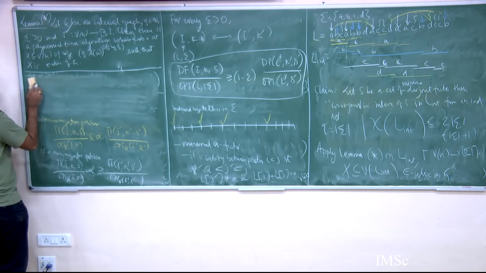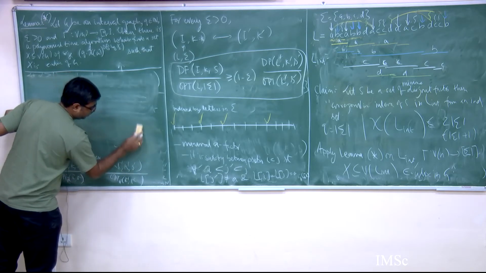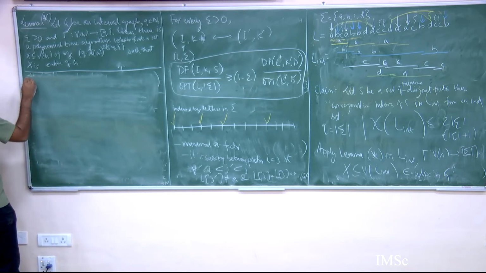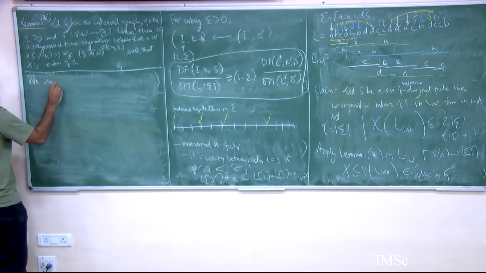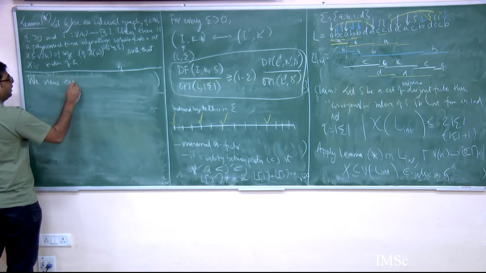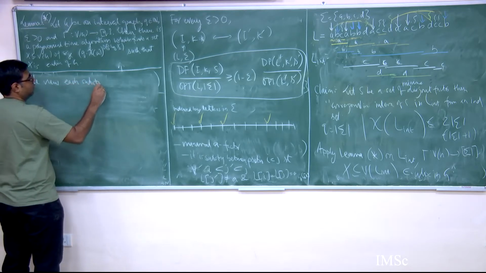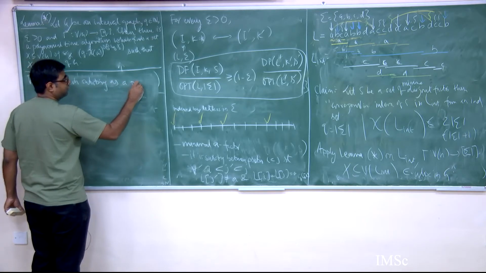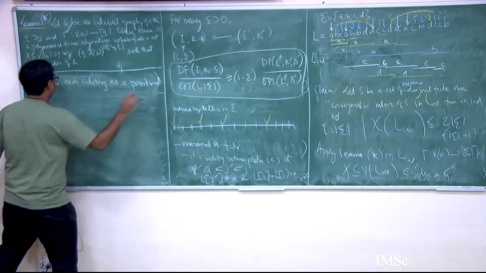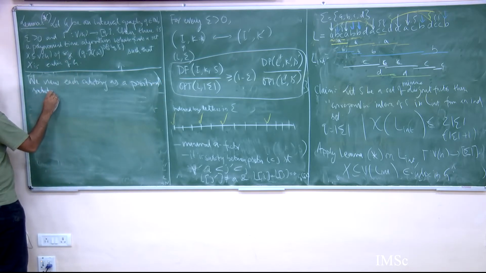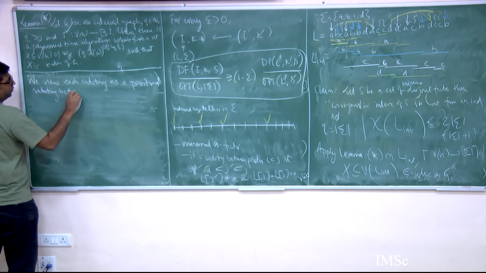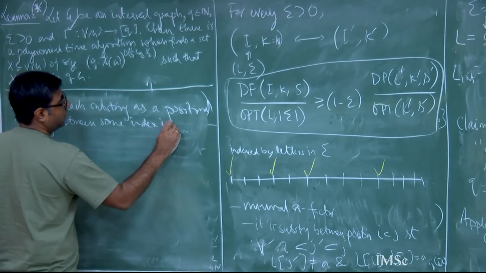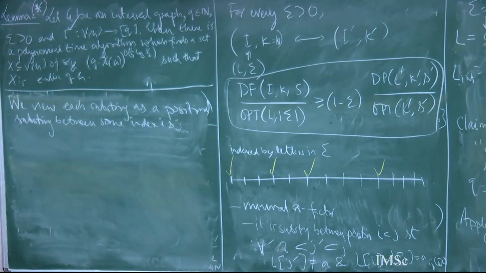We view each substring as a positional substring between some index i and j, right? This is just to visualize this.